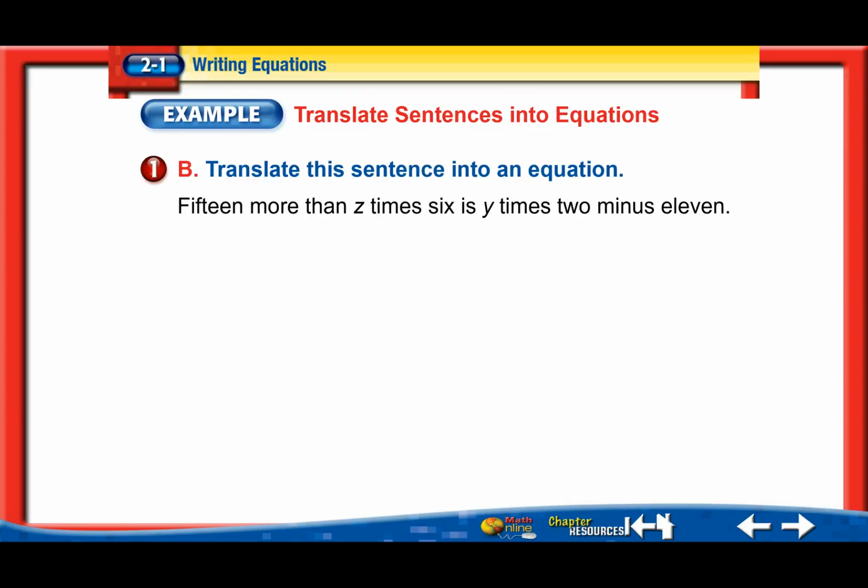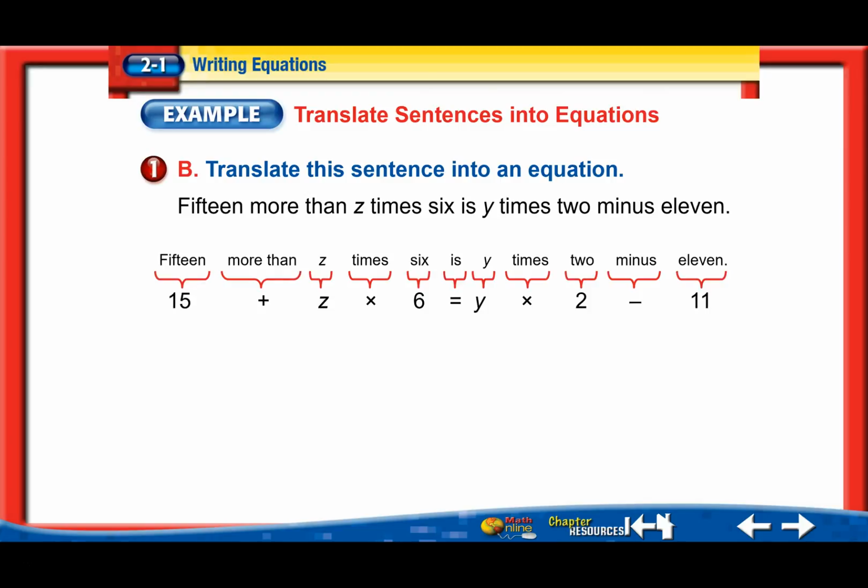All right, let's try this one. 15 more than z times 6 is y times 2 minus 11. Now I could underline them all, but they're going to do it for us on this one. So I could spread them all out like this. 15 more than z, and then times 6 is y times 2, and then minus 11, just to kind of connect them together.